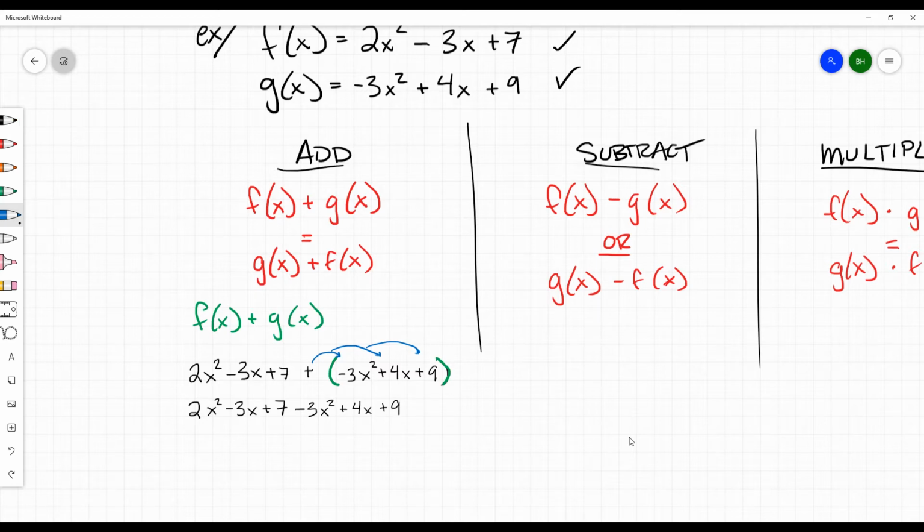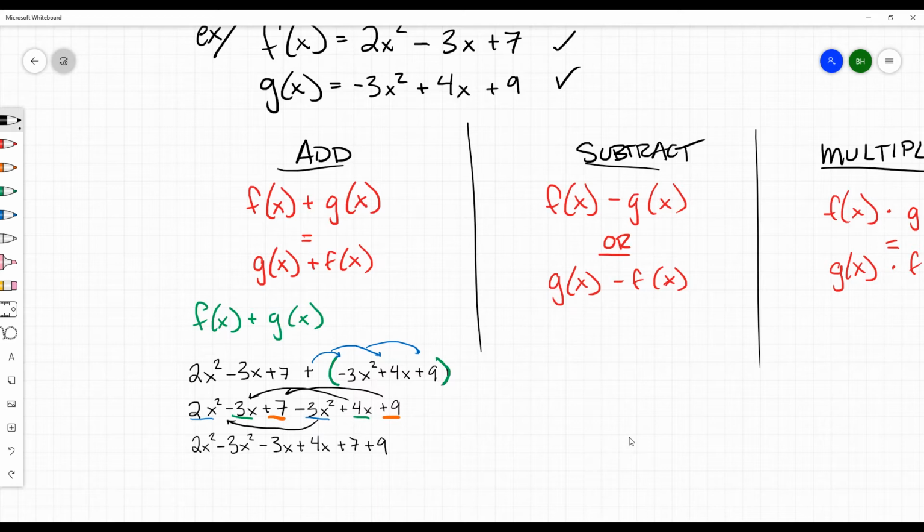Now, in this case, you can combine like terms. Everything that has an x squared gets put together, everything that has an x gets put together, and everything that has no x's can be put together. Okay. So we have 2x squared minus 3x squared minus 3x plus 4x plus 7 plus 9. So I essentially just took each of these terms and I moved them to be near their partners.